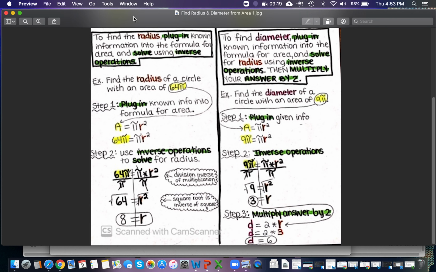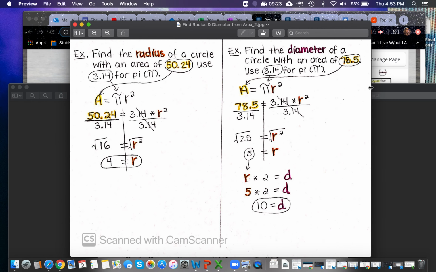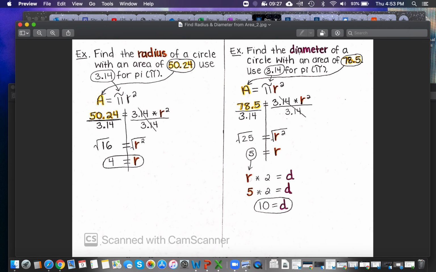I'm going to do another problem, but for this case, I'm going to be using 3.14 for pi. So it says, find the diameter of a circle with an area of 78.5 and to use 3.14 for pi.